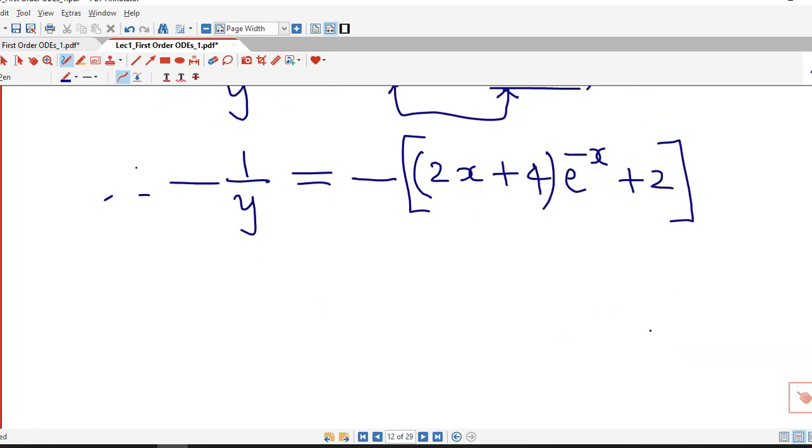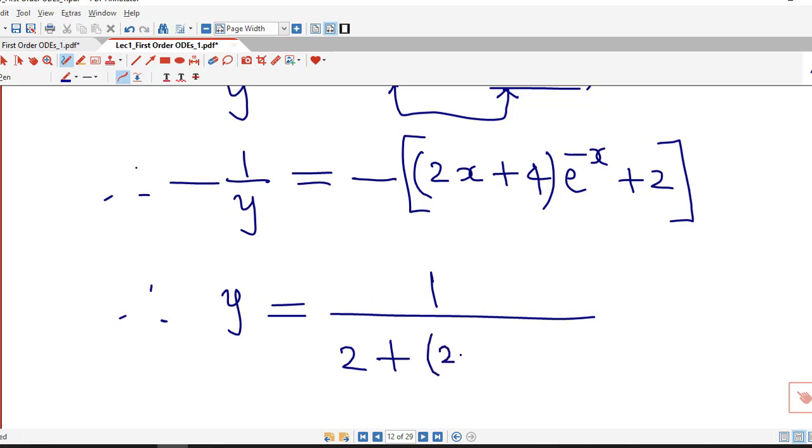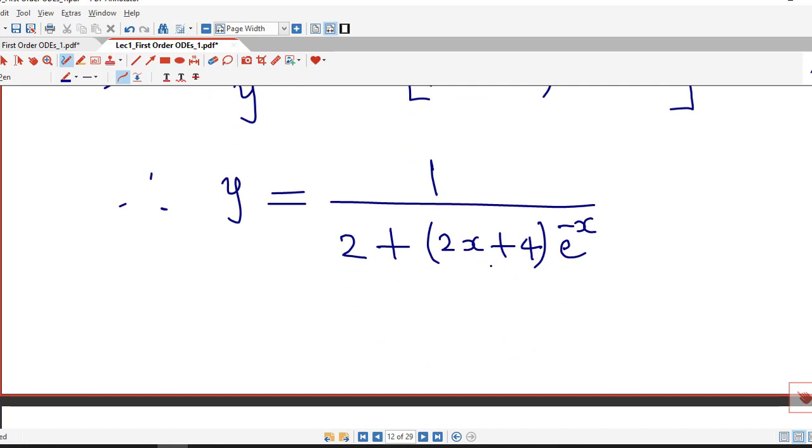So therefore now we can rewrite this by taking the reciprocal: y equal to 1 divided by 2 plus 2x plus 4 into e raised to minus x. So this is the solution of the given initial value problem.